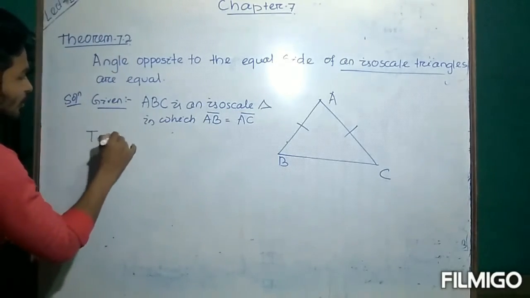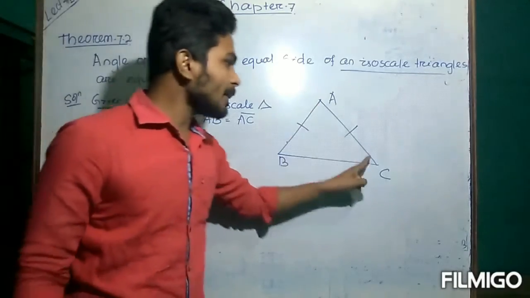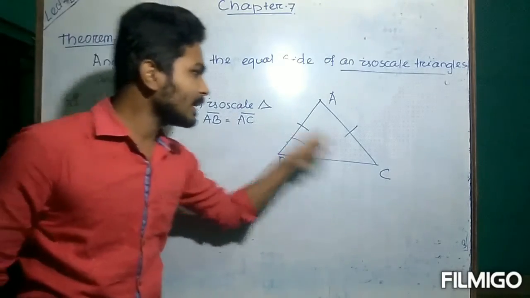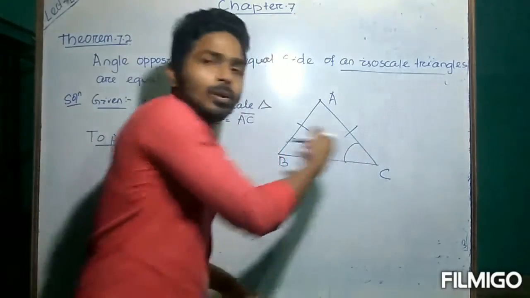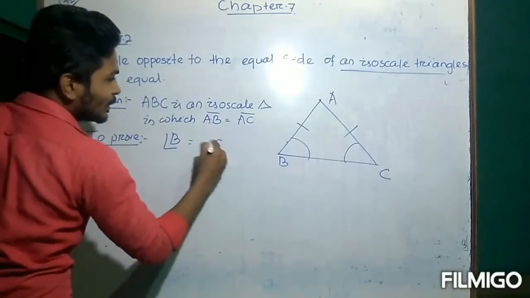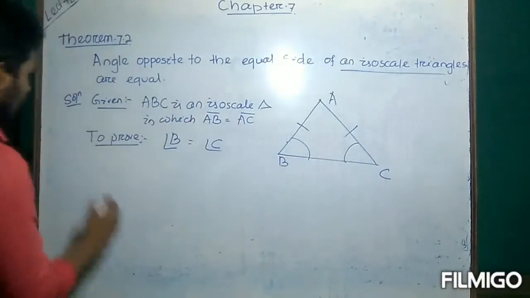And what to prove? We have to prove that the opposite angles of AC, that is B, and the opposite angles of AB, that is C, are also equal. So we have to prove angle B is equal to angle C. Did you get this? Okay.